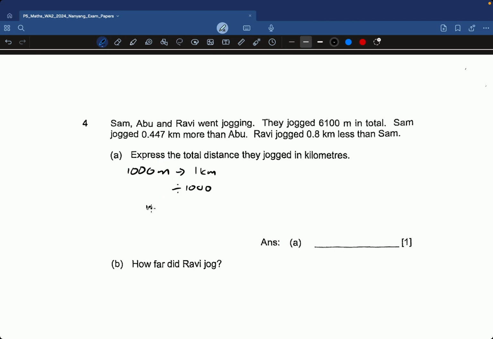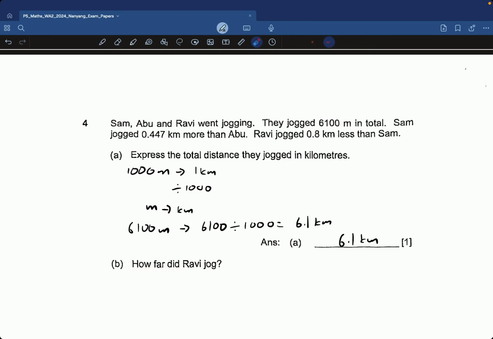So for meters to kilometers, we divide by 1000 in this case. So how much is then 6100 meters? We basically have 6100 divided by 1000. And this will be 6.1 kilometers. Okay, so 6.1 kilometers. All right, let's move on to the next question.